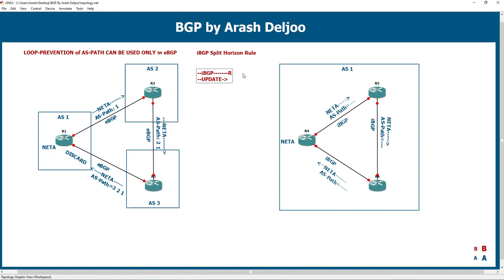Look here. R is a router with iBGP neighborship with 2 routers, for example R1 and R2.